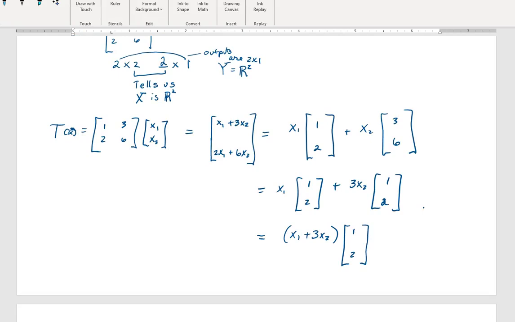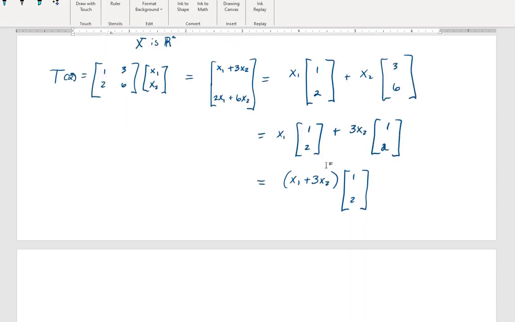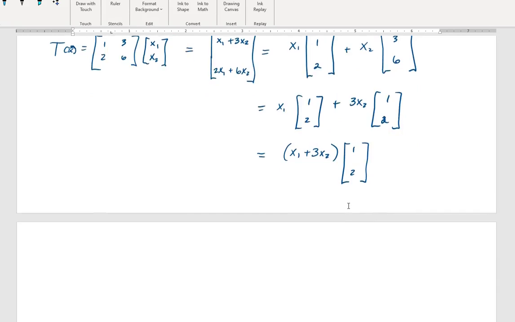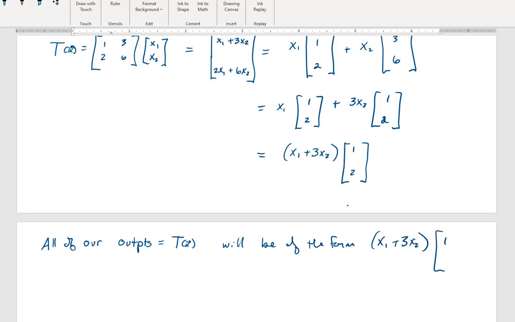We're just dealing with scalar multiplication. That's legal. So when we do this transformation, all of our outputs, or T of x's, will be of the form x1 plus 3x2 times the vector 1, 2.